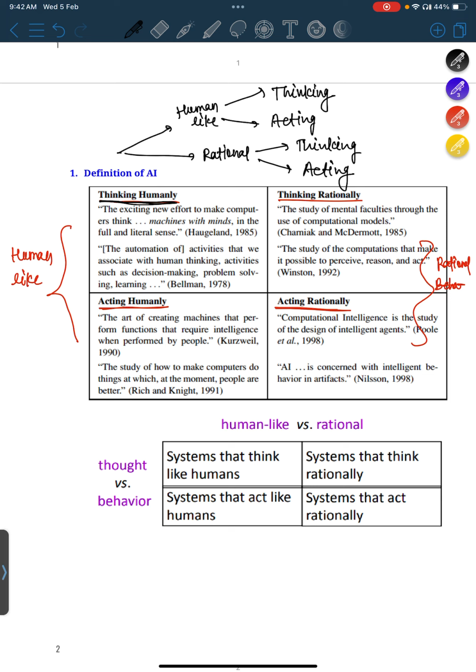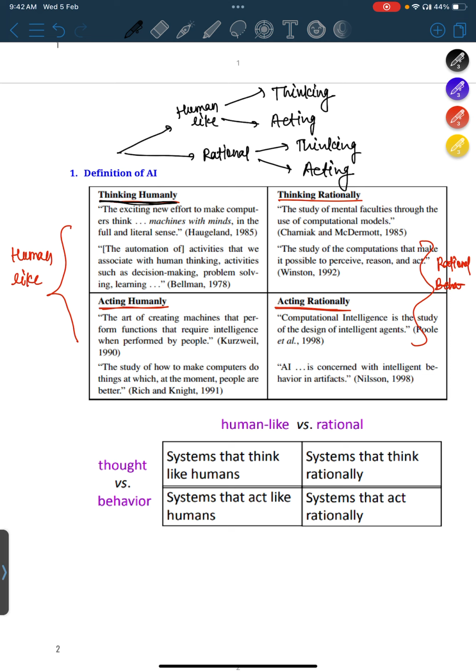So this is one of the pitfalls of defining AI as a system which thinks like a human. Even if we define a system which thinks like a human, how can we be sure that it thinks like a human? Because we don't know exactly how humans think.